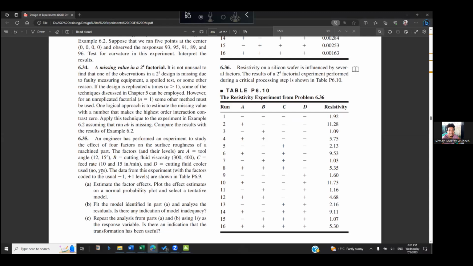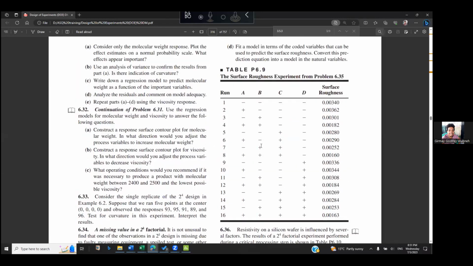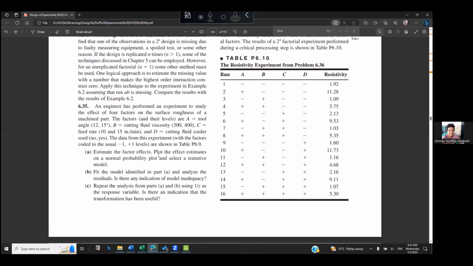The data from this experiment, with the factors coded to the usual -1 and +1 levels, are shown in table 6.9. Estimate the factor effects, plot the effect estimates on a normal probability plot, and select a tentative model.